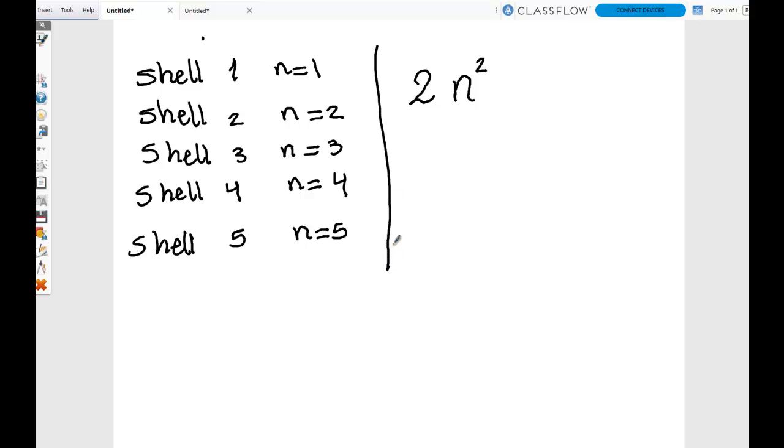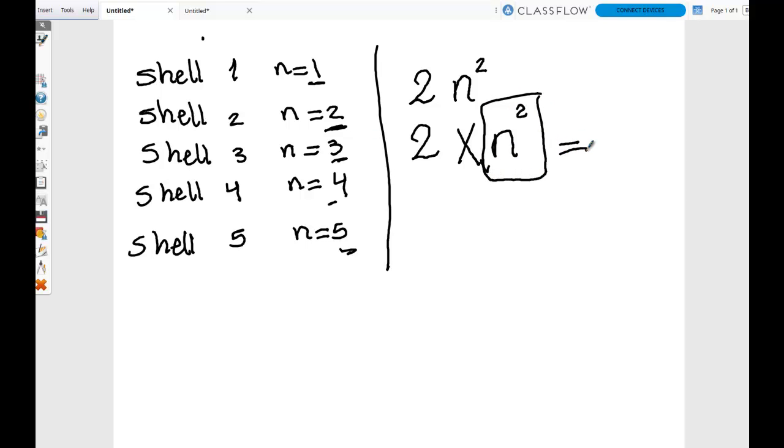It means 2 multiplied by this number or this number or this number squared. N in itself. So we do this one in itself first and we see how many electrons.